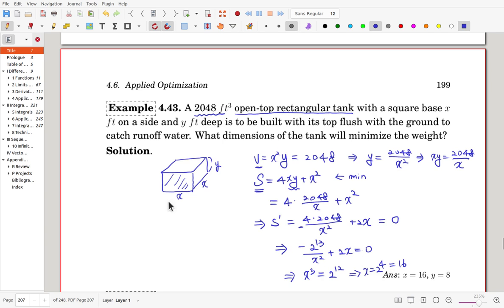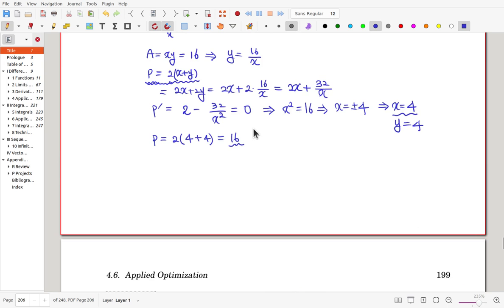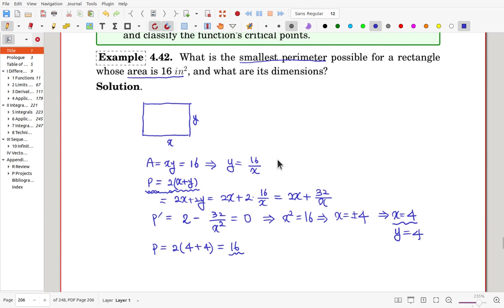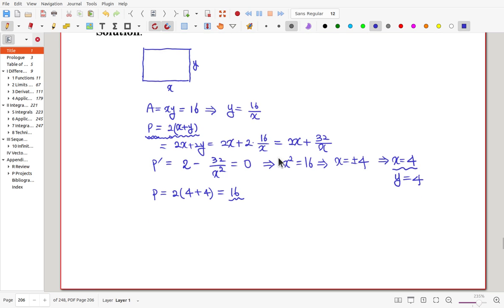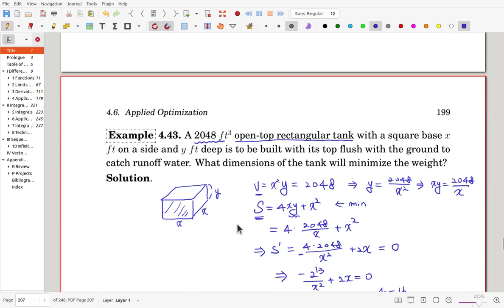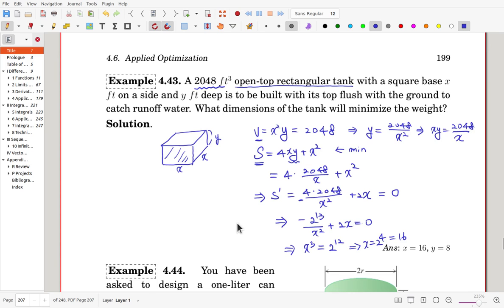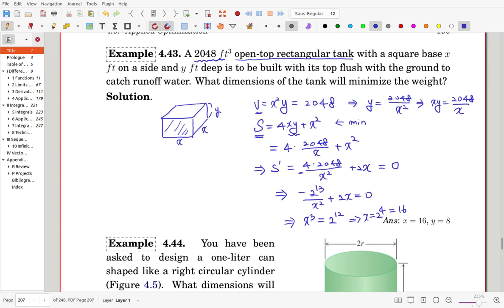In the earlier example, we didn't check if it is really the minimum, but here you can check it quite easily with S prime. For that quantity, we found that when x is 16, the quantity is 0.